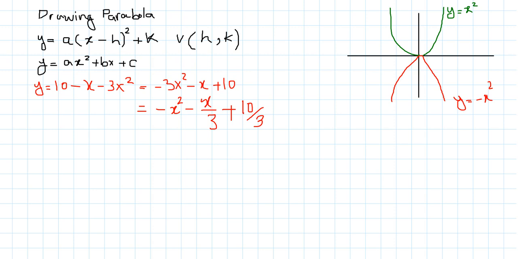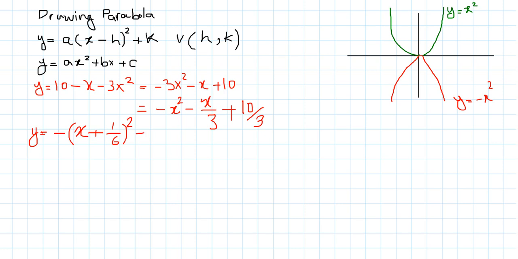It is the formula. Now I write it in the vertex form. What should I do? I say minus itself. Now I have x, and because I factored minus, here is positive. Half of 1 over 3 is 1 over 6. If we expand it, because of this minus, we have minus 1 over 36.